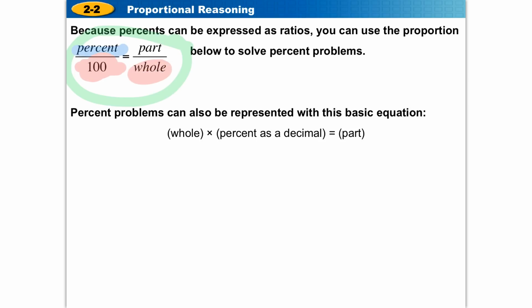We know that the entire thing is going to go on the bottom on the other side. And percents are usually a fraction of a whole number, and that's why it's going to be the part on top over here. So once we know that, we just can set it up, cross multiply and solve. Or you can try and use this format here, where the whole entire number times the percent as a decimal equals the part. Either way is fine, you'll get the same answer either way. I just prefer method 1.